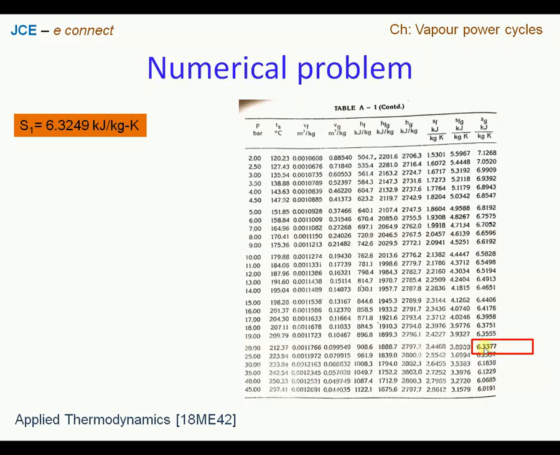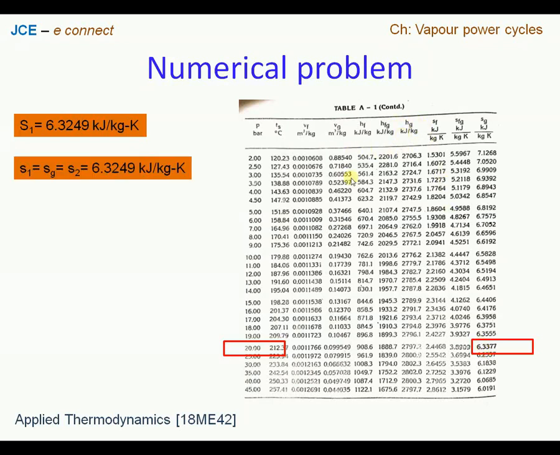Let us now proceed along the horizontal line so that we can note the corresponding pressure at which this entropy exists, and we see that the pressure is 20 bar. So this becomes the intermediate pressure, which we call the reheat pressure. Since the state point is exactly on the dry saturated curve, the enthalpy will be the SG value.